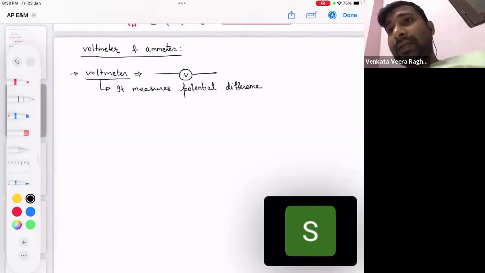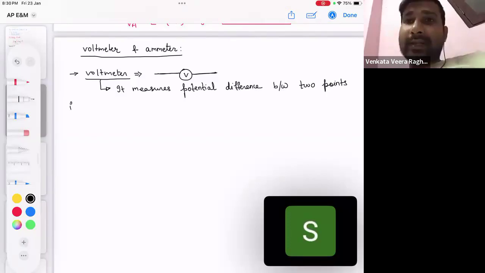So it measures the potential difference between 2 points in the circuit. Understood? If I want to measure the potential difference across 2 points in the circuit, how should I connect it? Should I connect it in parallel to that element?